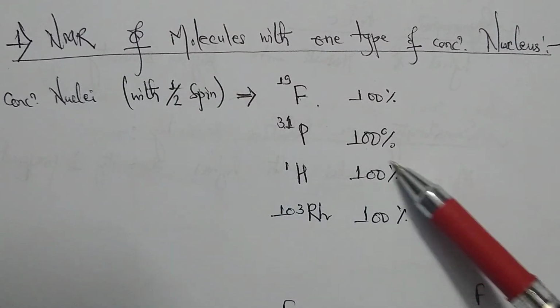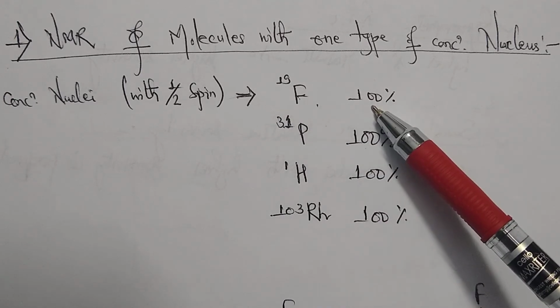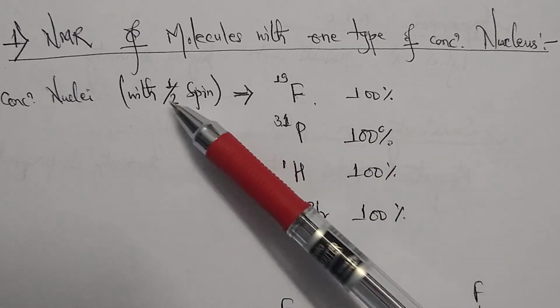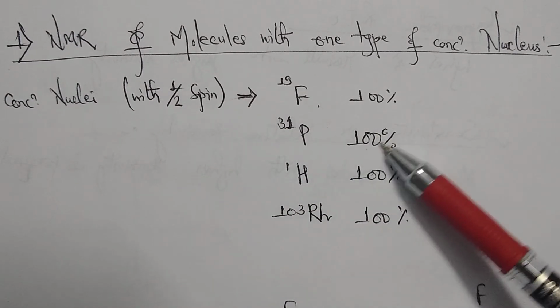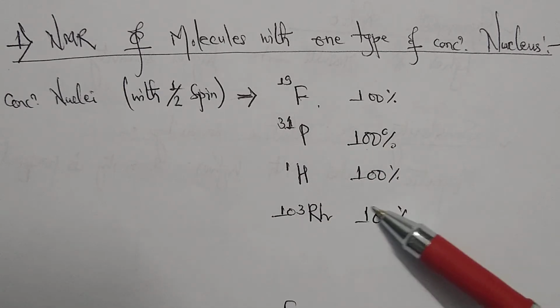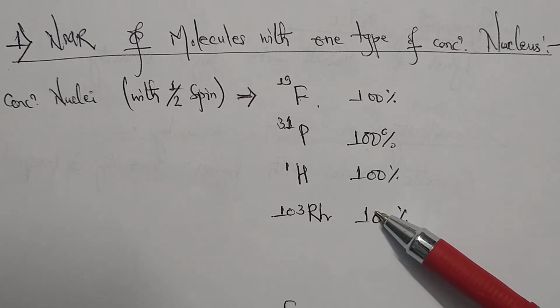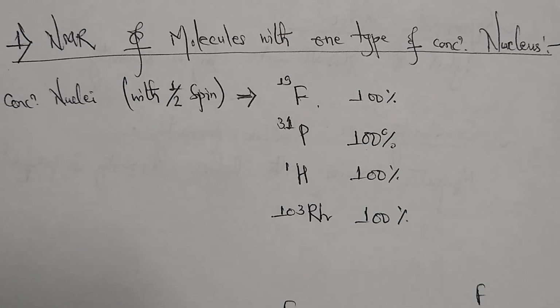Similarly, we have another nucleus, 19F, with natural abundance 100% and nuclear spin half, and 31P, 100% natural abundance, 103 rhodium, also with natural abundance equal to 100% and nuclear spin half. So all these nuclei, 19F, 31P, 1H, 103 rhodium, have natural abundance of 100% with nuclear spin half, so they are concentrated nuclei.